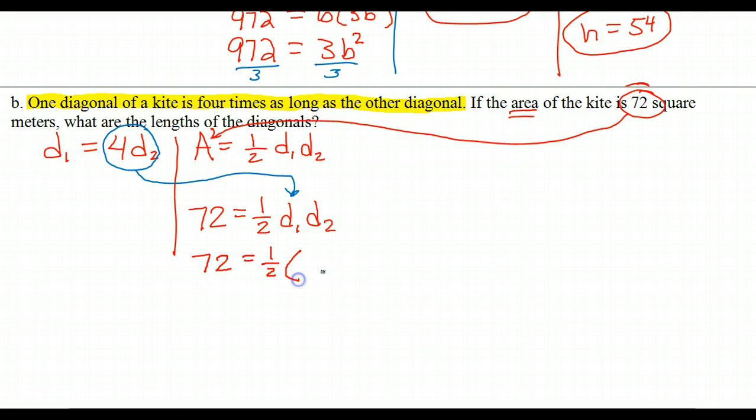Now I'm substituting for diagonal 1, so I'm going to leave a little room. Diagonal 2. So diagonal 1 equals 4 times diagonal 2. So I'm going to replace diagonal 1 here with 4 times diagonal 2.